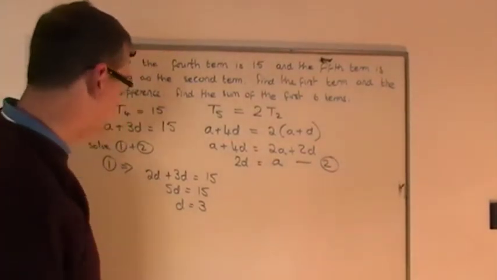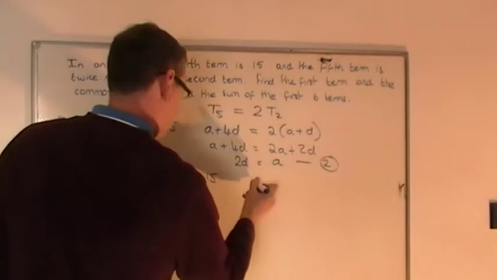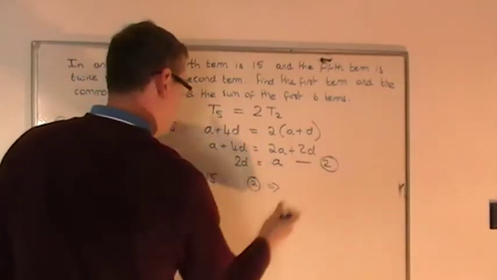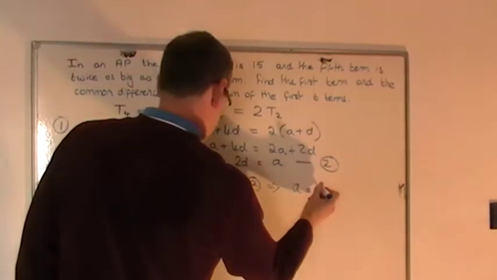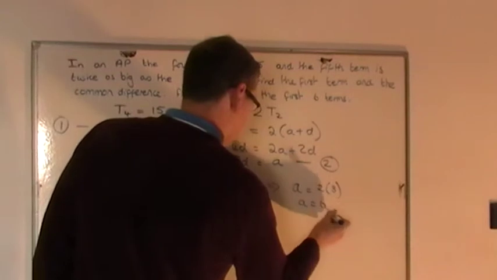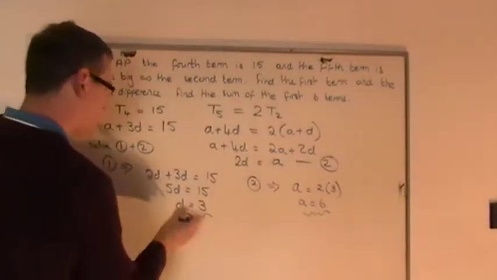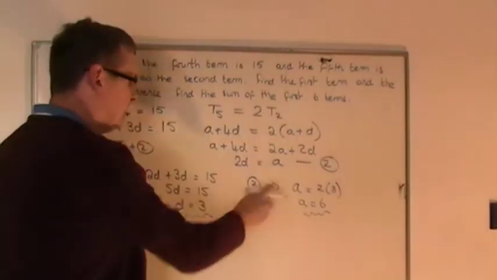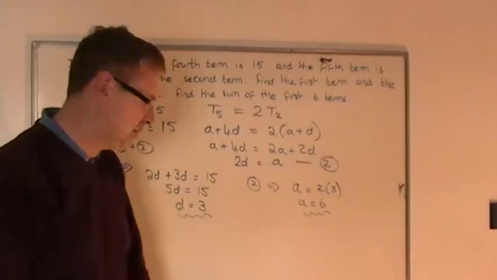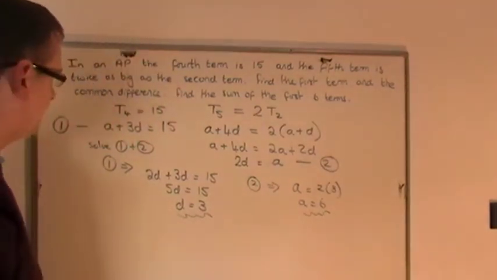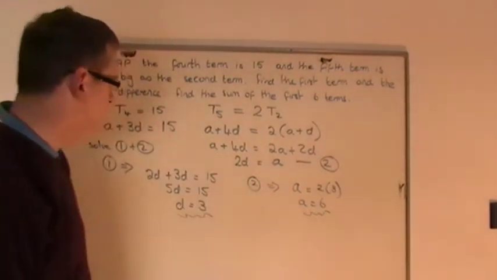From equation 2, A is 2D, so A is 2 3's, which means the first term A must be 6. Very simple setup of 2 simultaneous equations. So that's the first part of the question done.